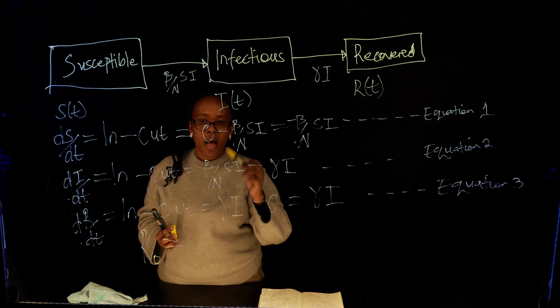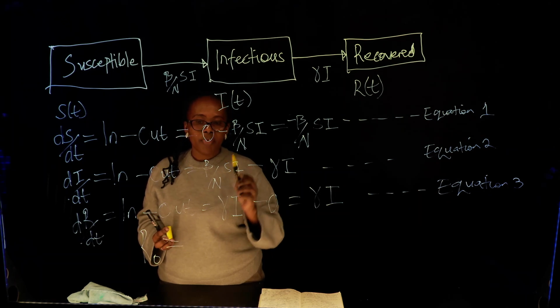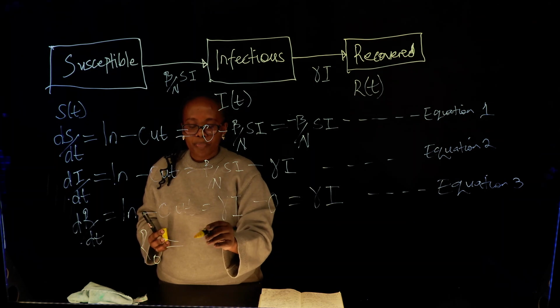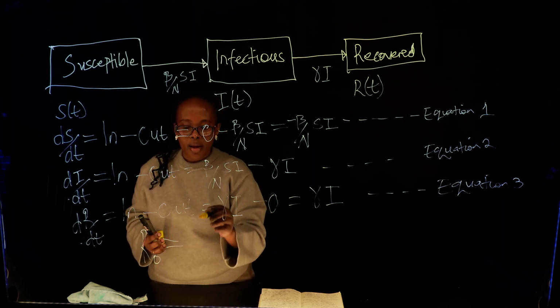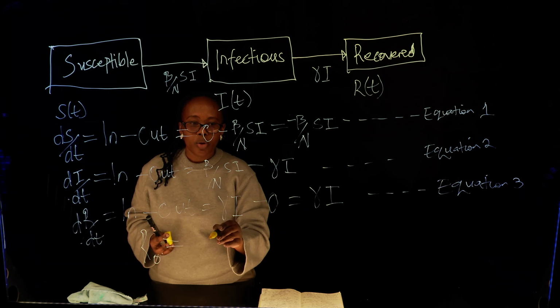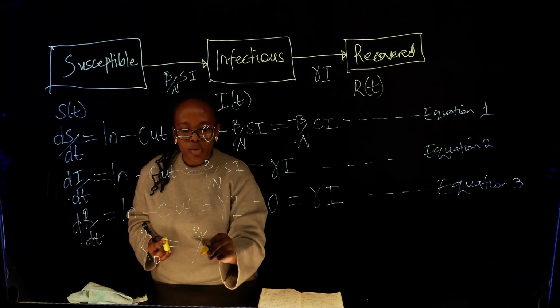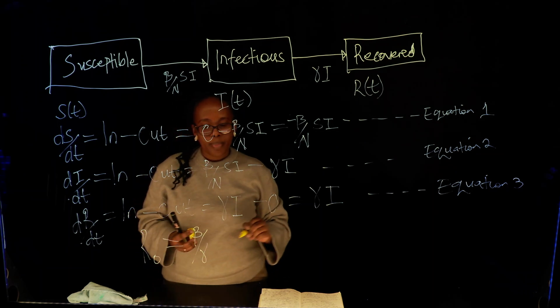In other words, how many people one infected person is going to infect. R0 is calculated as beta over gamma.